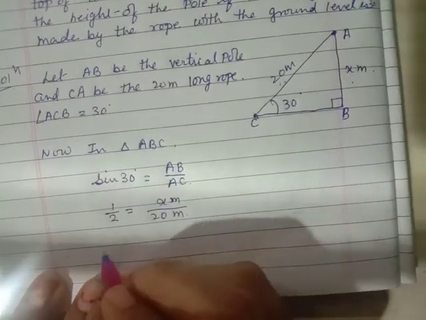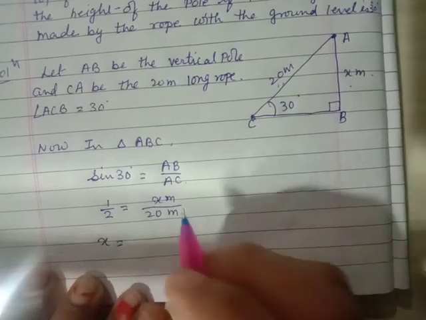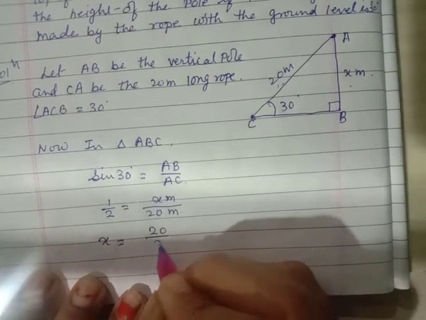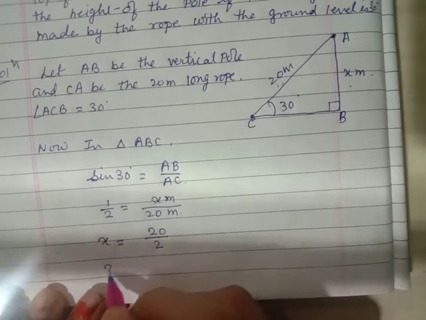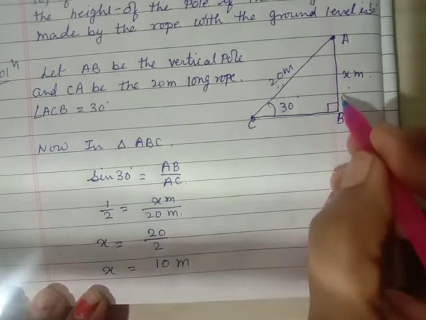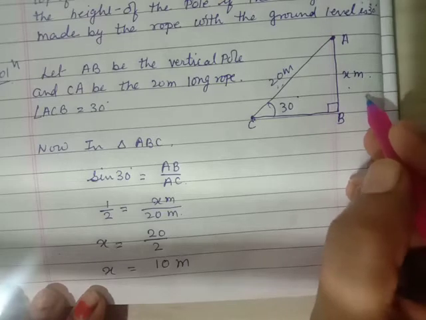Okay, so now we want to find out x. So x is equal to 20 by 2. Cross multiplication, I did only cross multiplication. So x is equal to 10 meter. So the height of this vertical pole is 10 meter.